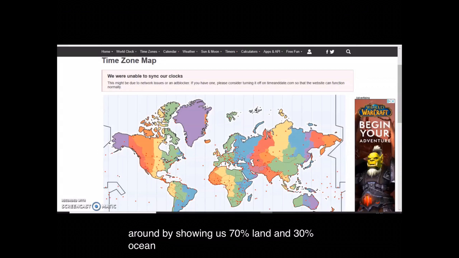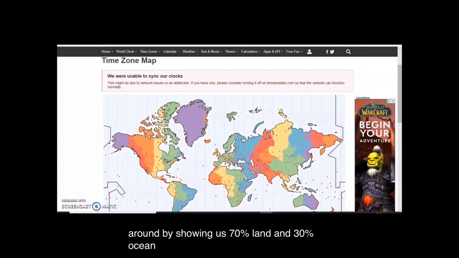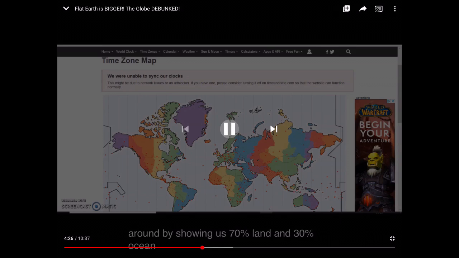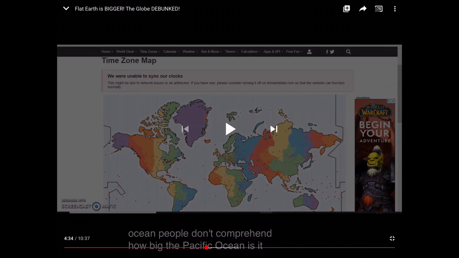It just appears that there is more land, because you know what, I'm not going to explain it. I've explained it enough. Distortion on a flat map, which can be slight, or in the case of Greenland, very much. People don't comprehend how big the Pacific Ocean is. That's true.